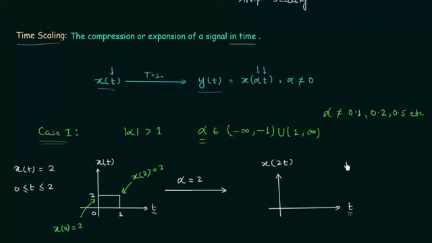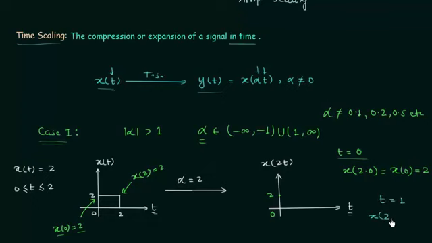And in this case, I want to calculate x(2t) when time t is equal to 0. This means x(2 multiplied with 0), or we can say x(0), and x(0) is equal to 2. Therefore, x(2t) when t is equal to 0 is also equal to 2. Now we will find out x(2t) when time t is equal to 1.